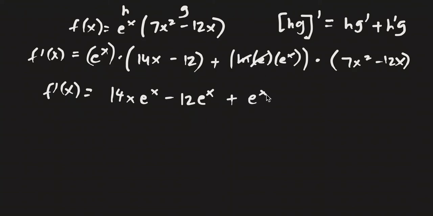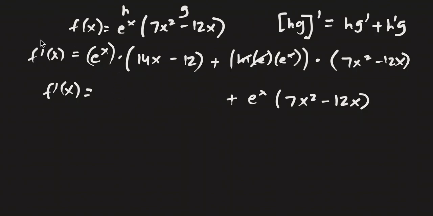So this becomes e to the power of x times 7x squared minus 12x. And now that I think about it, I shouldn't have distributed the e to the power of x, so I'm actually going to erase that and write it like this: e to the power of x times 14x minus 12. I just didn't distribute it, I just rewrote it.